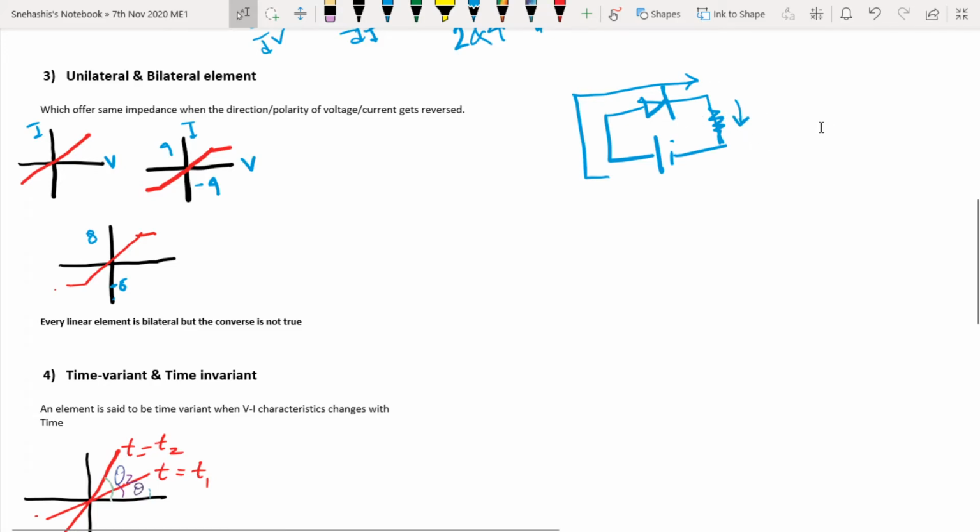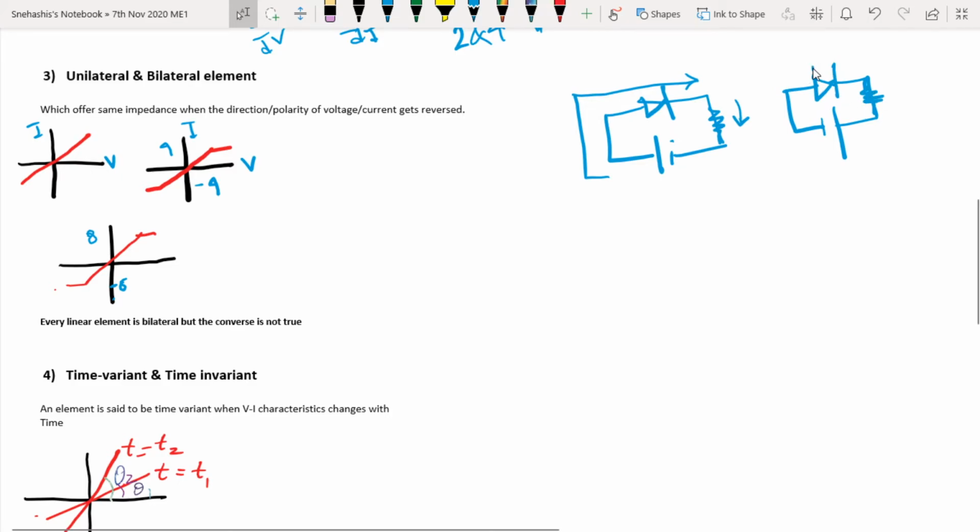Now if I either change the diode connection or battery, not both, any one, suppose I am changing the polarity of battery terminal that is connected. Now again the resistor that is connected here will not have current, because the diode is right now reverse biased, so current will not be flowing through it and the resistor will not have any current.